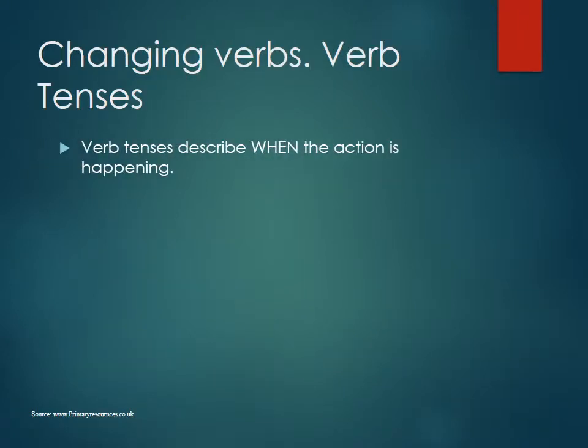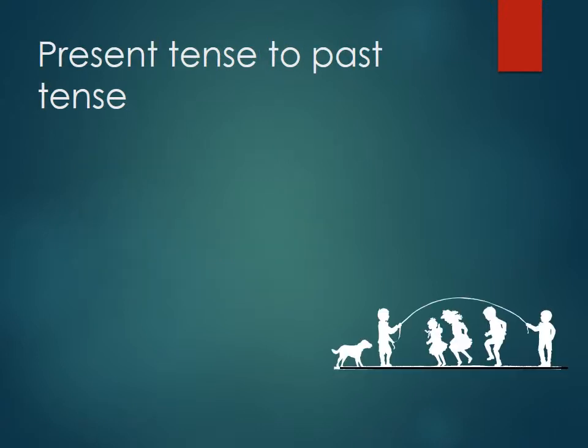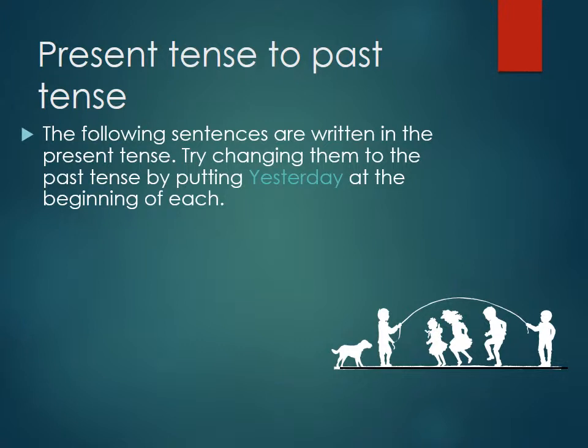So when we make those changes, what we're referring to is verb tenses. Verb tenses describe when the action is happening. So the following sentences are written in the present tense.